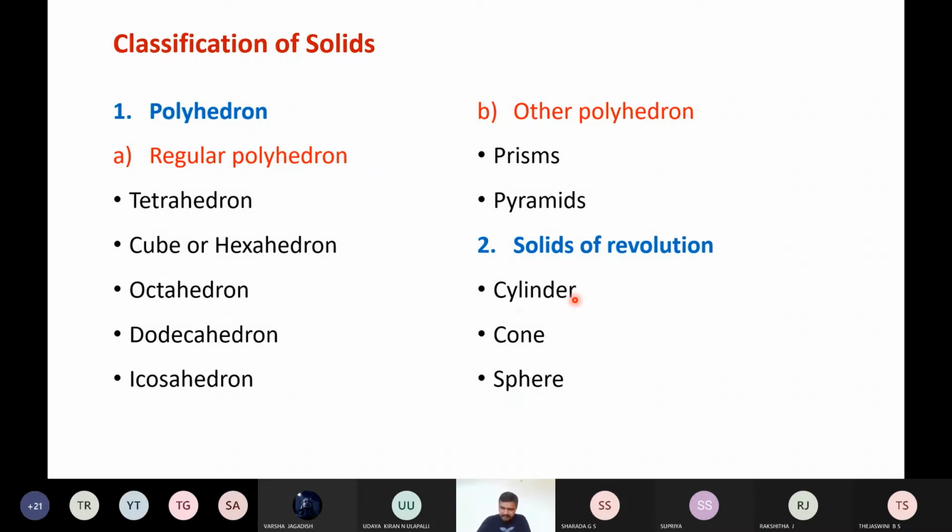Sphere, if you rotate a semicircle, or a lamina which is semicircular in shape, it will result in the generation of a sphere. So in this course, we are going to consider cylinder and cone. We don't consider sphere for projection of solids. In isometric projection, we will consider sphere also.